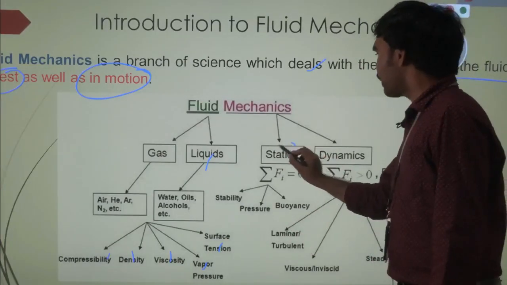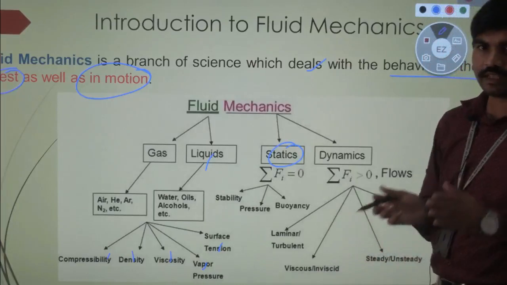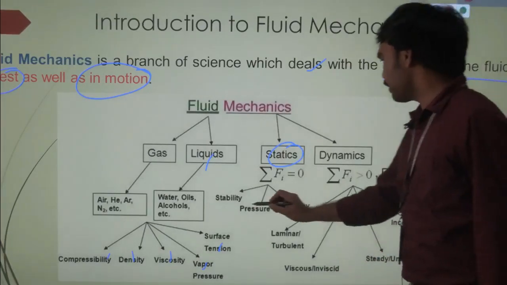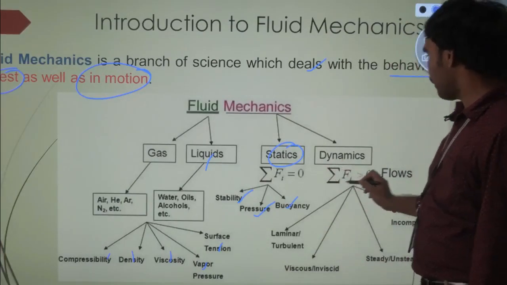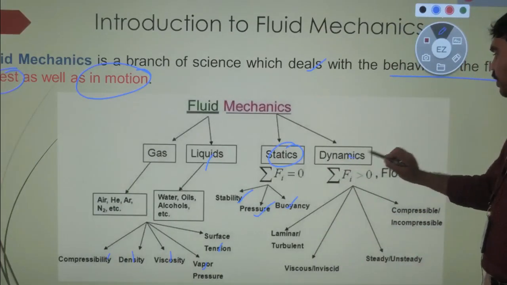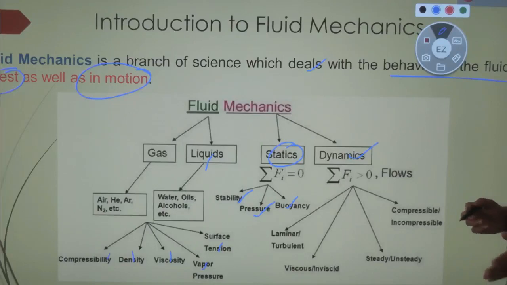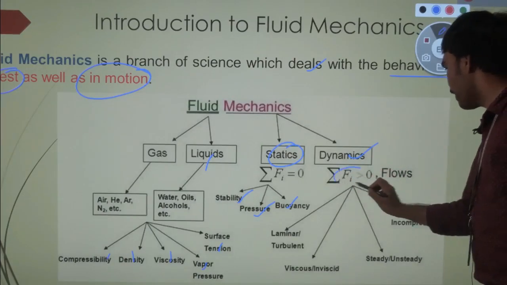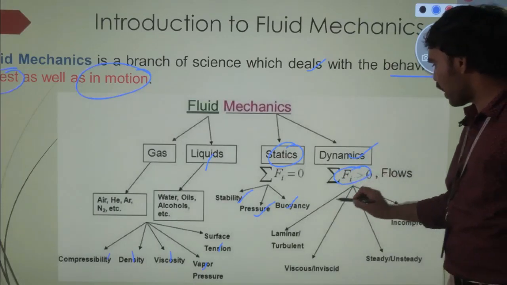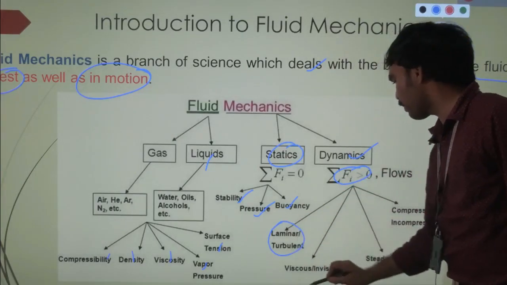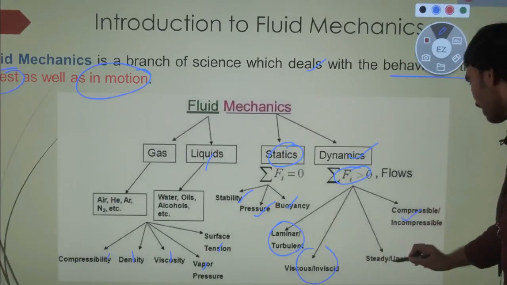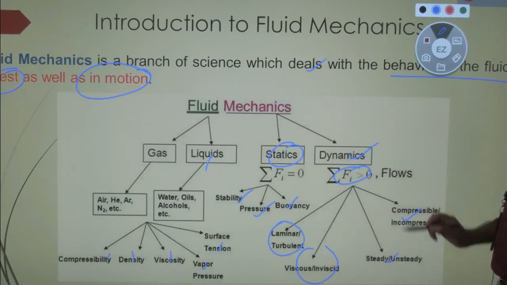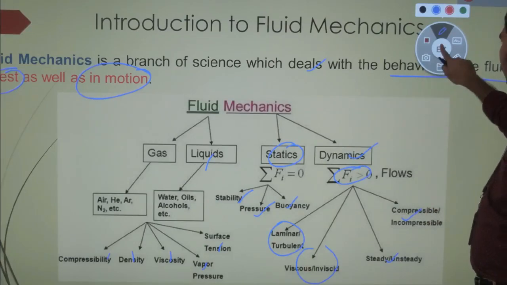We will also study fluid statics, the fluid at rest condition, that is stability, pressure and buoyancy, and then fluid dynamics. We will consider the forces and motion acting on the fluid while it is flowing, including laminar and turbulent flows, viscous and non-viscous fluids, compressible and incompressible, and steady and unsteady flow conditions. This is the overview of fluid mechanics.